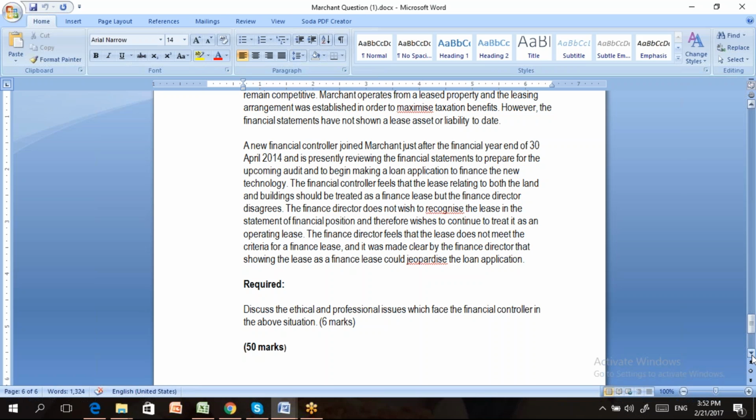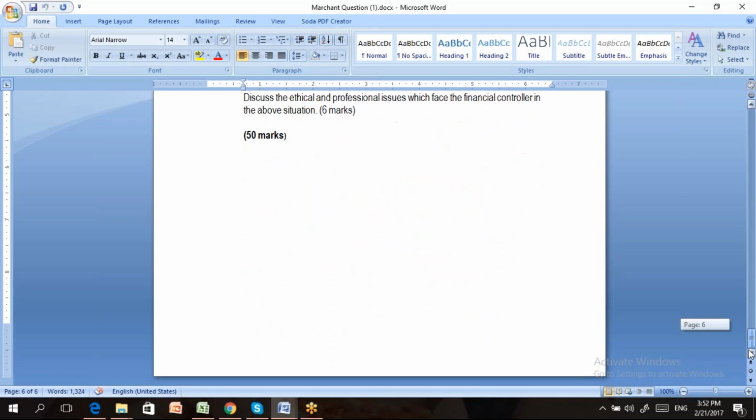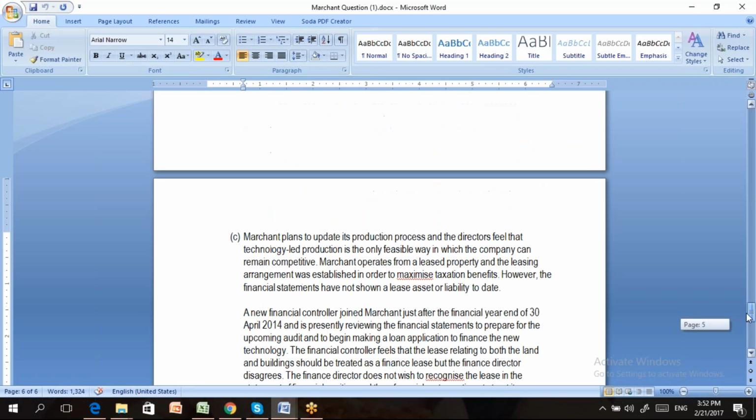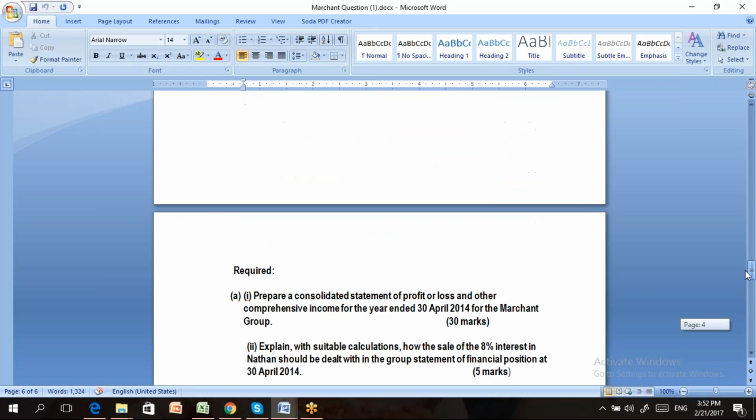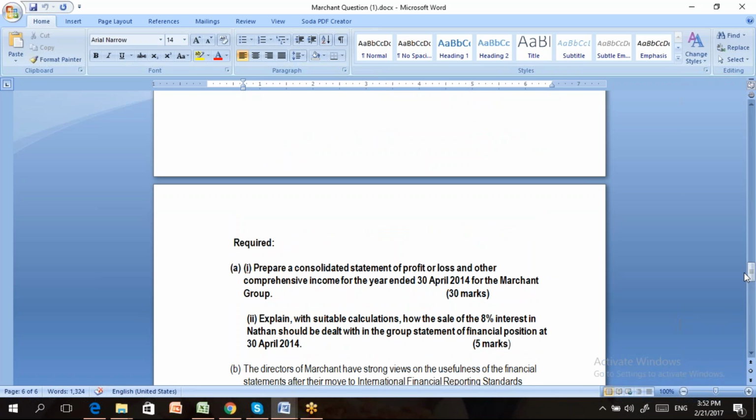There's another sub question, isn't there? Part A2: explain with calculations how the sale of the 8% interest in Nathan should be dealt with. There were another 5 marks there. That one we actually did.